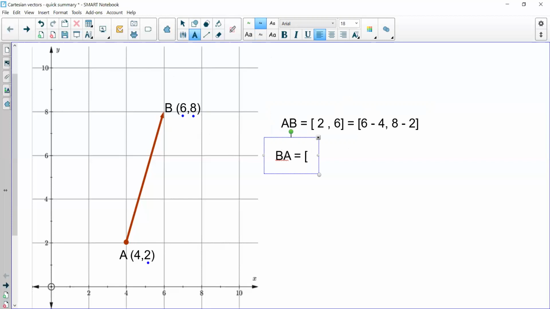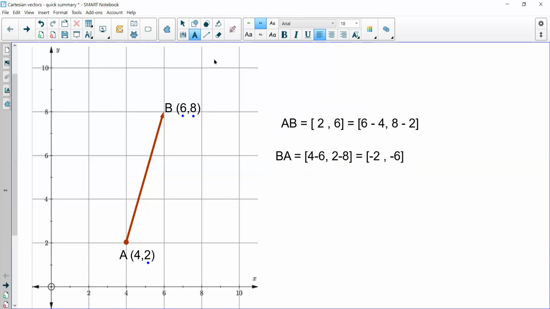I'd use the horizontal component, the x coordinate of the A, take away the x coordinate from the B, and then similarly the y coordinate from the A, take away the y coordinate of the B. All right, now let's see what this produces. Mathematically, 4 take away 6 is -2, and then 2 take away 8 is -6.